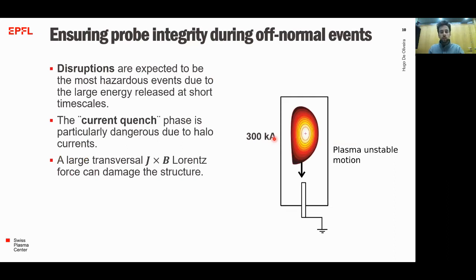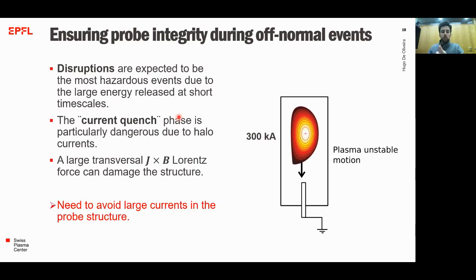Another challenge that comes from the TCV environment are off-normal events, for example, disruptions. All the plasma magnetic and thermal energies are released within a small time scale, which can be very dangerous, especially the current quench, because we have halo currents, that means electrical currents that are within the structure, within the metals, and those currents can lead to huge J cross B forces that can damage the structure.